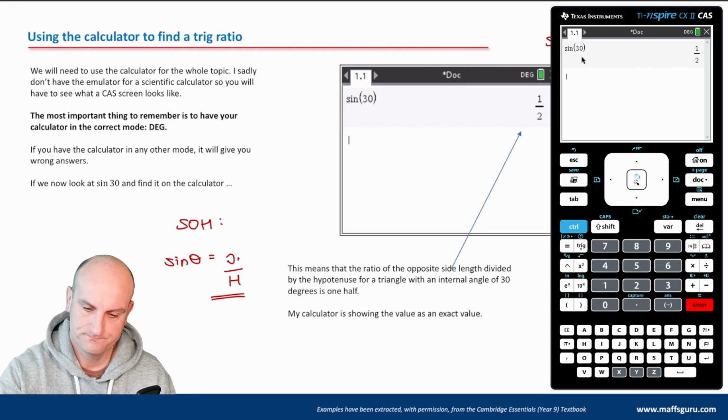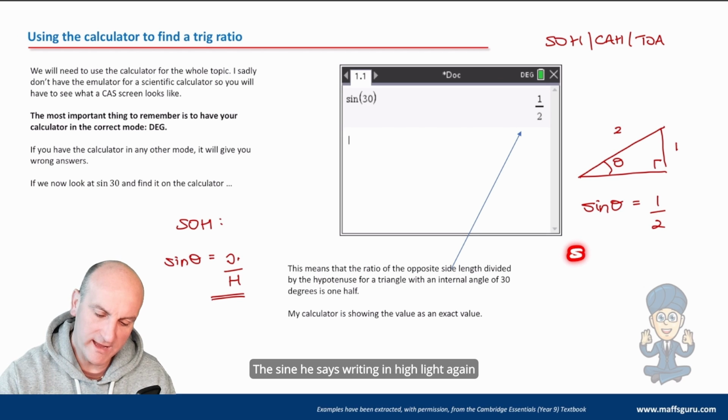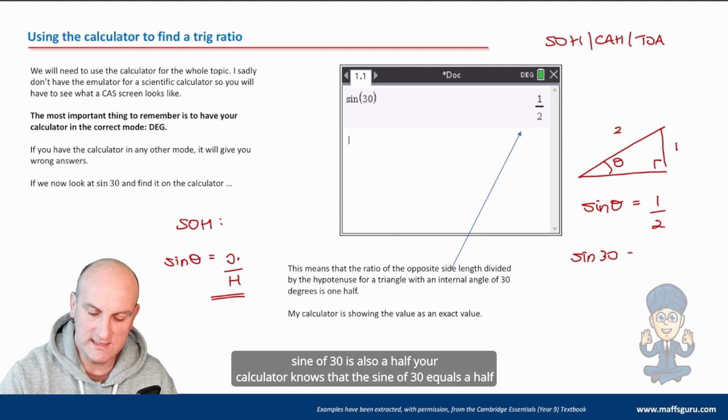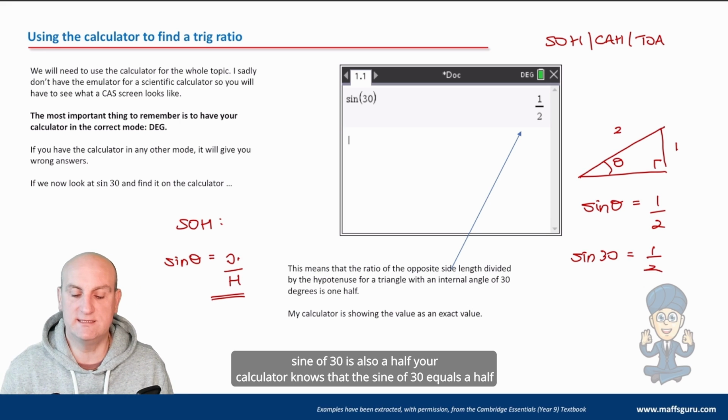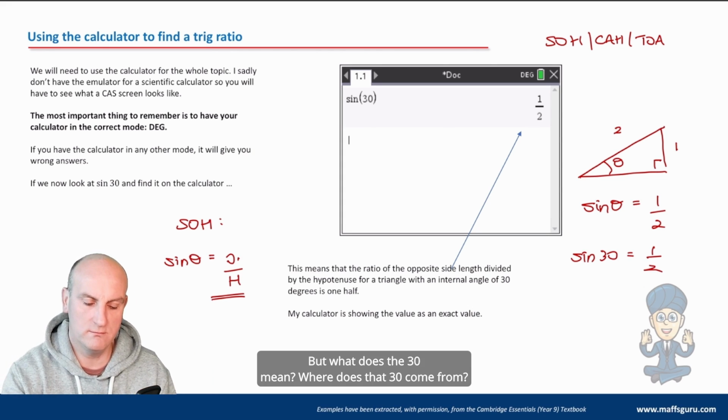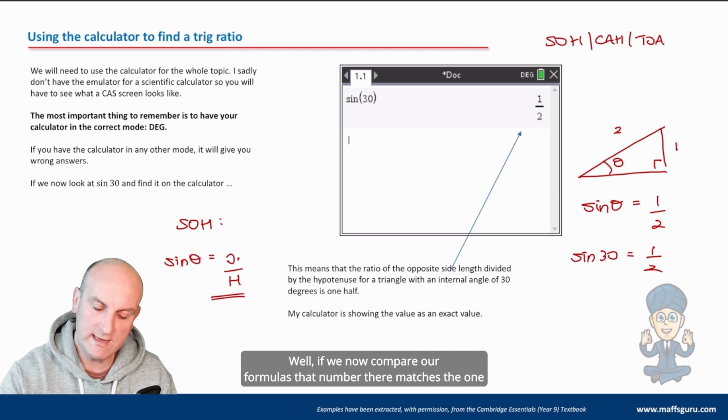So the sine, he says writing in highlighter again, sine of 30 is also a half. Your calculator knows that the sine of 30 equals a half. But what does the 30 mean? Where does that 30 come from? Well, if we now compare our formulas, that number there matches the 1, that 2 matches that 2 there, the sine matches the sine.